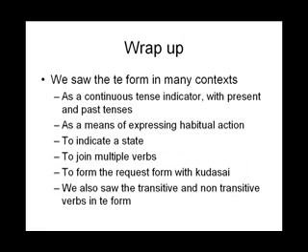Let us recapitulate what we learnt in this lesson. We found the te form to be very versatile. It enabled many things in many contexts. Basically, it formed the present continuous or past continuous tense. It was also used for describing a habitual action or a state. It formed a means of connecting a string of verbs.